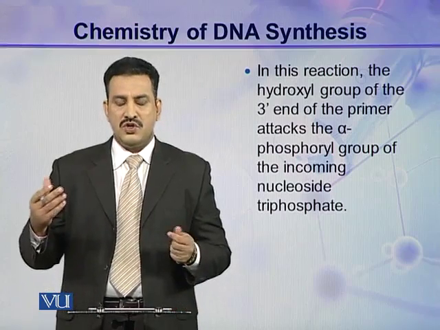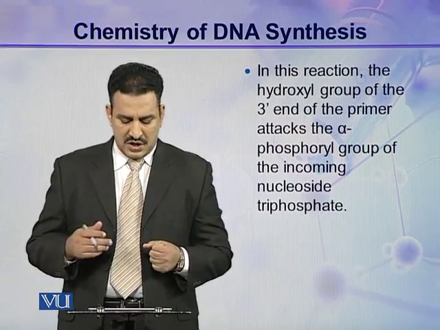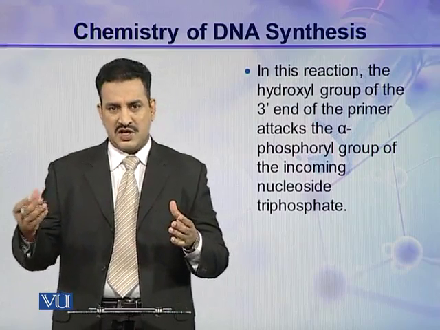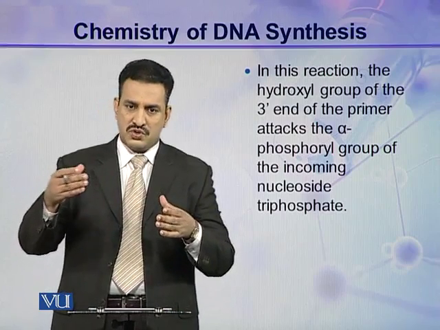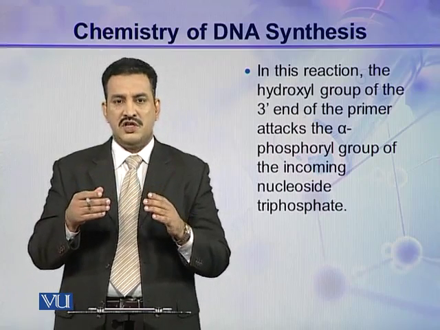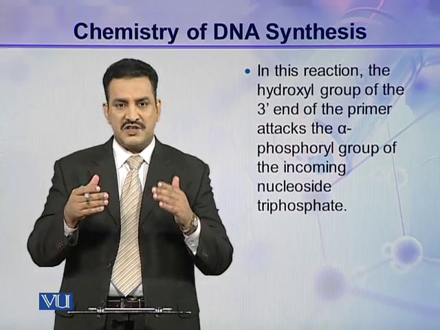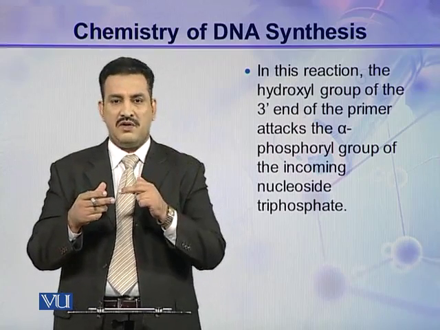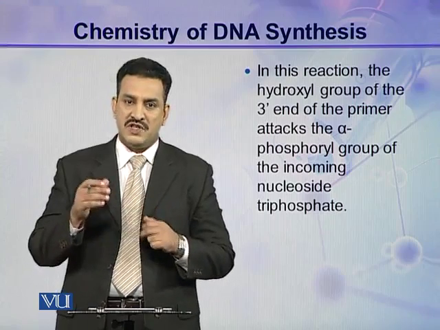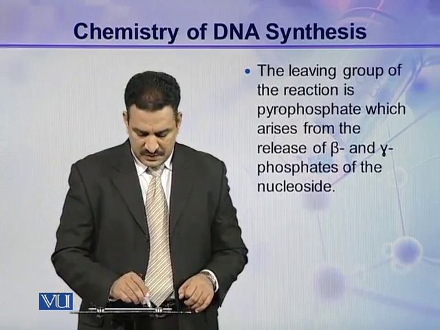So when a new dNTP, or any deoxynucleoside triphosphate, comes to the site of the primer template junction, the 3' end hydroxyl attacks the alpha phosphoryl group of the incoming nucleotide triphosphate.